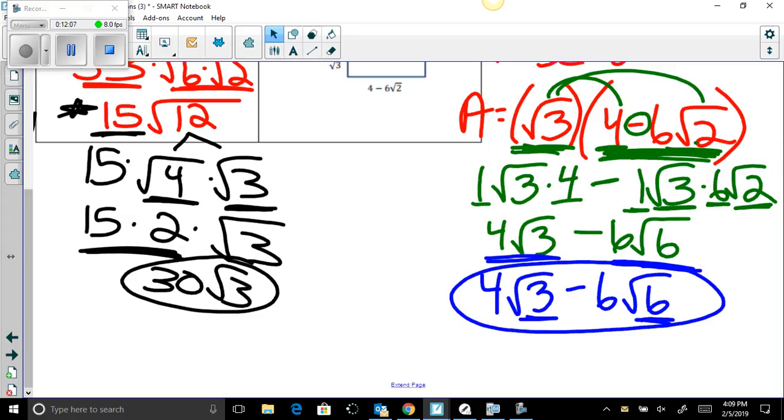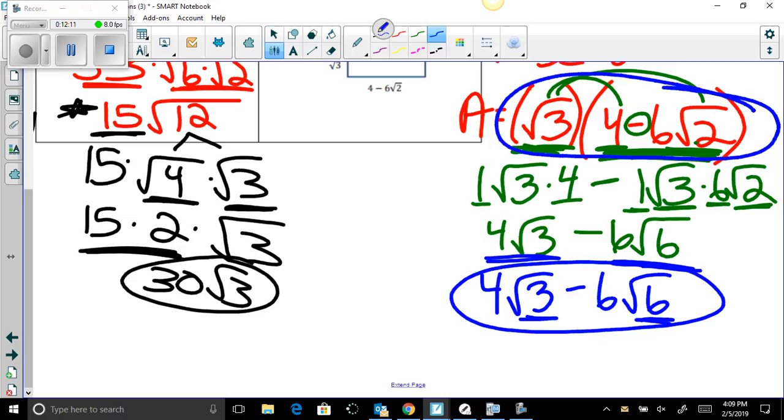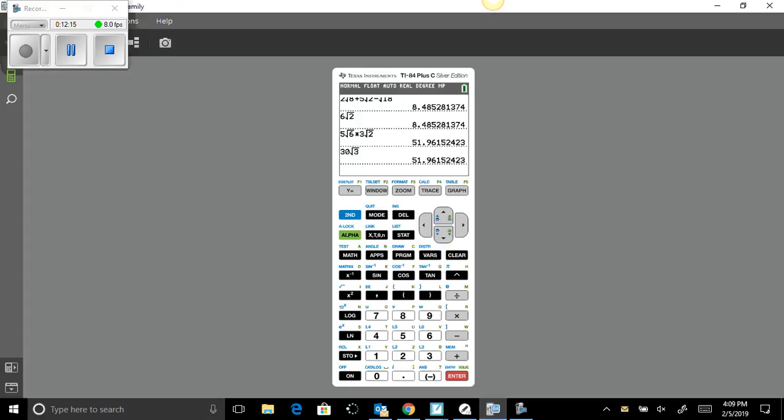Check yourself on the calculator. Put in my question right here and put in my answer and make sure my decimal equivalencies are the same. So, radical 3, open the parentheses, use your over arrow and then open the parentheses. 4 minus 6 radical 2, use the over arrow and close your parentheses.